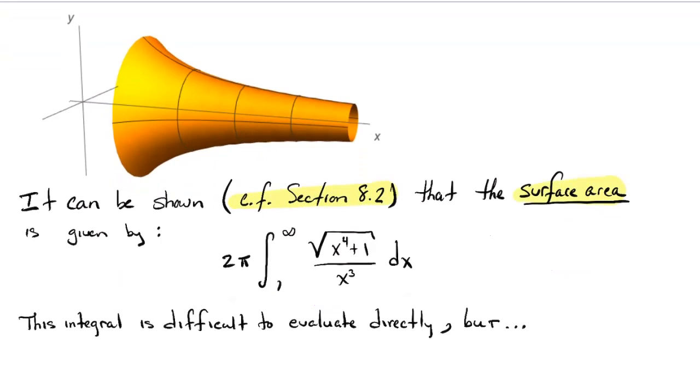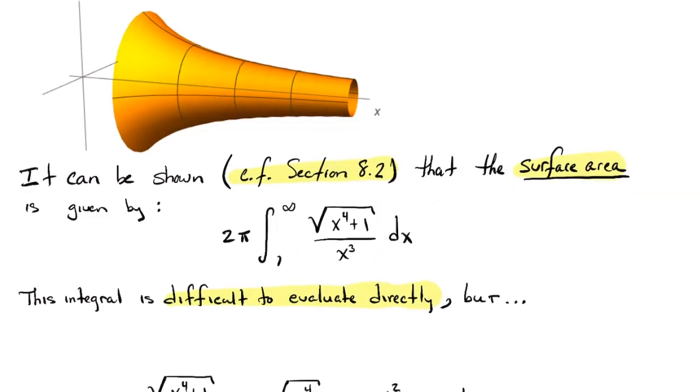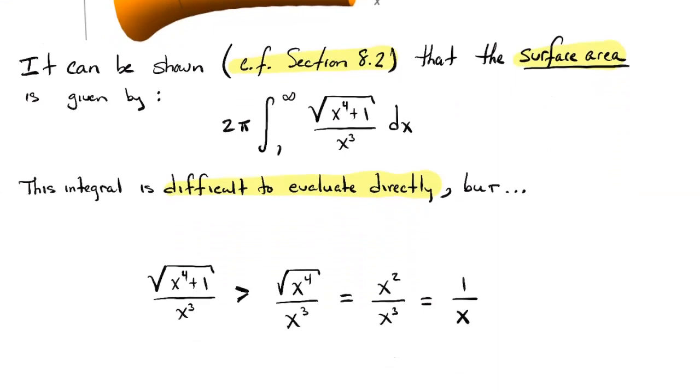That integral can be somewhat difficult to evaluate directly. To say what that number is, whether that integral converges or diverges, finding an antiderivative for this integrand can be a bit of a challenge, but we don't have to evaluate it directly.